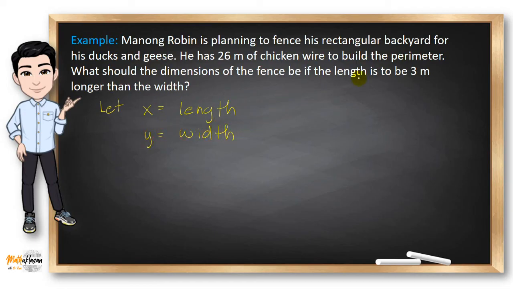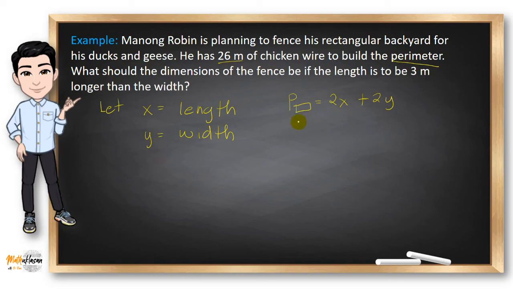And now here, the perimeter is 26 meters. And as we all know, to get the perimeter of a rectangle, we need to multiply the width and the length by 2 and add them. So the formula is 2x plus 2y for the perimeter of the rectangular fence.